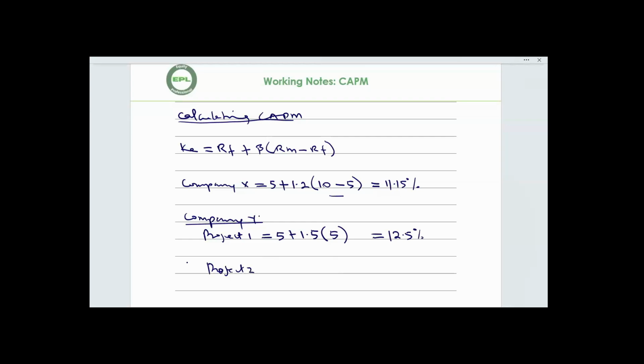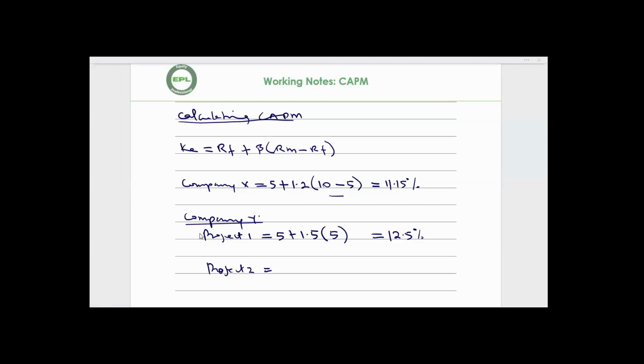Then we'll do project 2. Let me check, somebody is sending a message. Hey, how did you get 11.5? 1.2 multiplied by the difference between 10 and 5, which is 5. Oh, error.